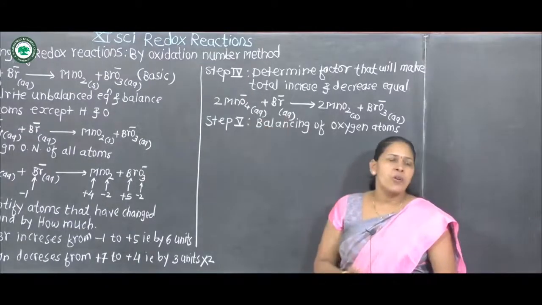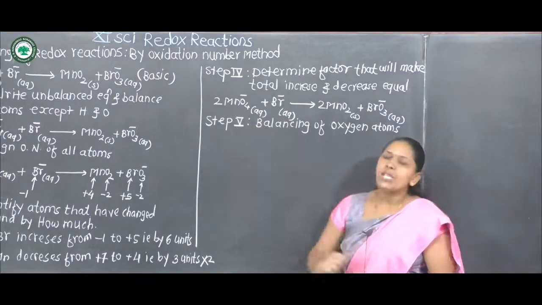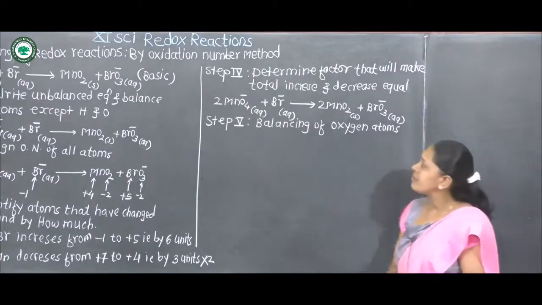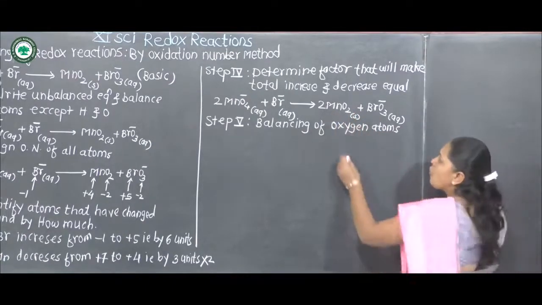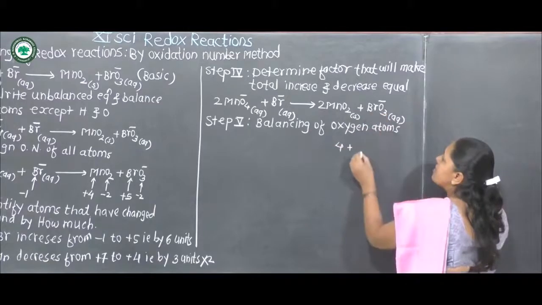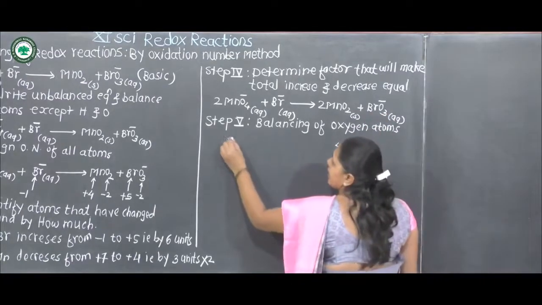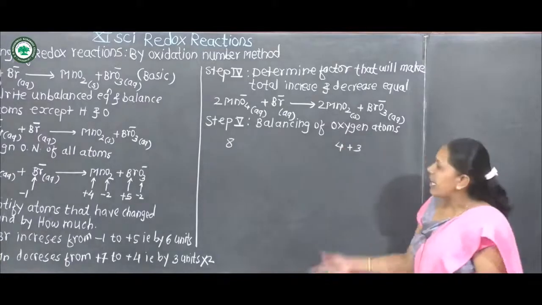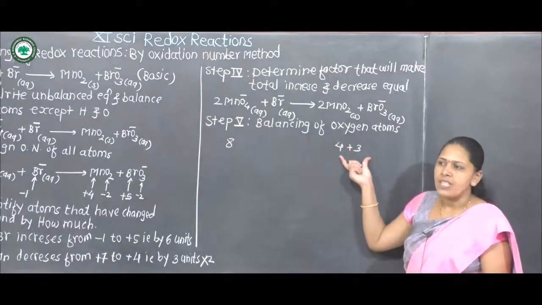Count the total number of oxygen on the left hand side of the equation: 4 multiplied by 2, that is 8. Right hand side: 2 multiplied by 2, 4, plus these 3 oxygen. On the left hand side there are 8 oxygen and on the right hand side there are only 7 oxygen atoms.